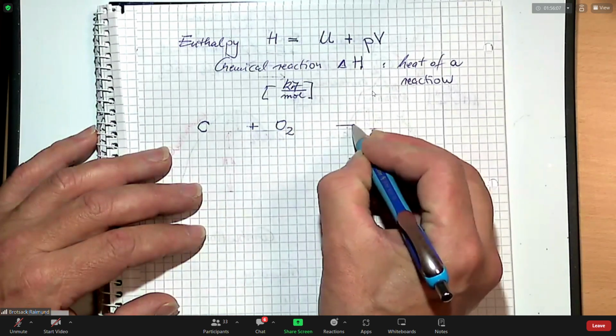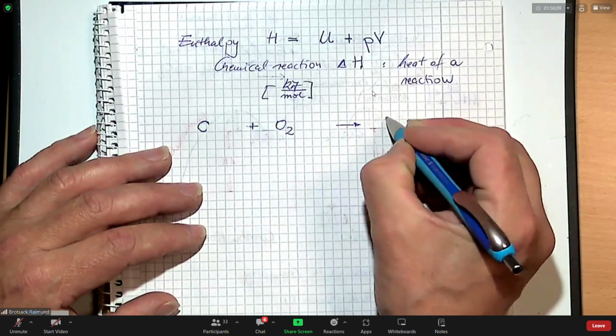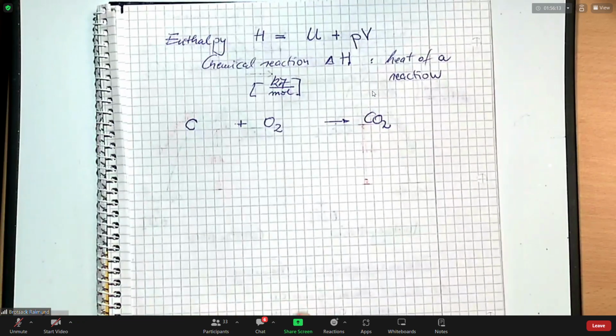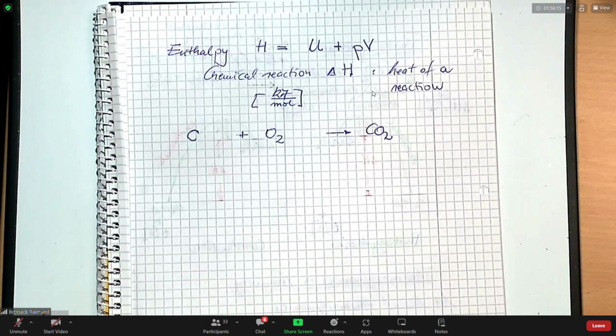And what is the product? CO2. Is it exothermal or endothermal? When we burn coal, what is produced? Heat. So it must be exothermal.